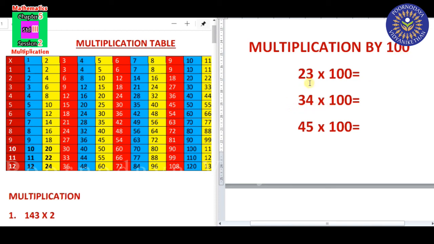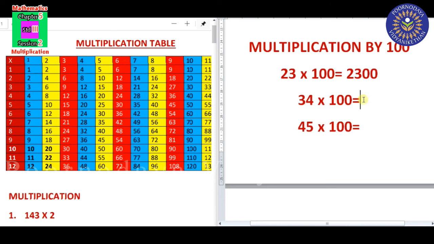Can you say how can we multiply these two numbers, 23 into 100? Any idea? Yes, you know. Write 23 itself and put 2 zeros at the end of it. Isn't it? So, write 23 and put 2 zeros at the end of this number, 2300. Clear?